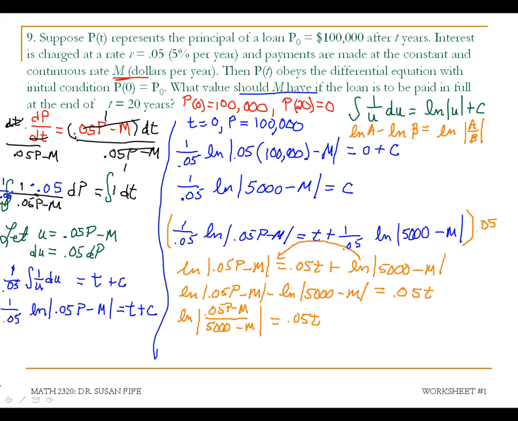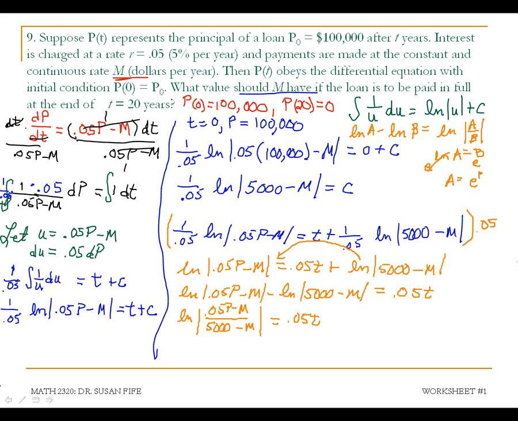And because I'm solving for m and because m is inside the natural log, I'm going to get rid of this natural log by using yet another rule that says that if you have natural log of a equals b, you can write both sides of the equation as an exponential function, e raised to that power. And this e and the natural log cancel each other out to give you just a.